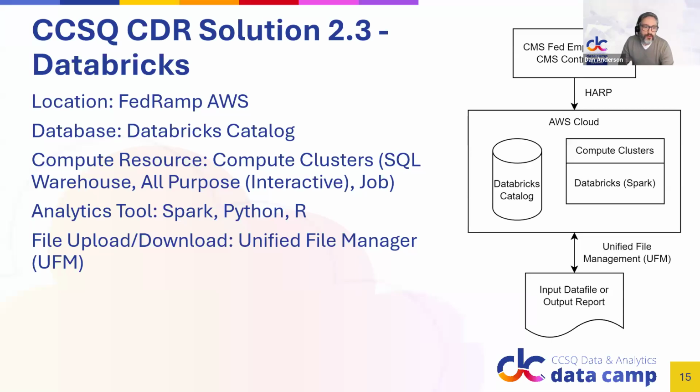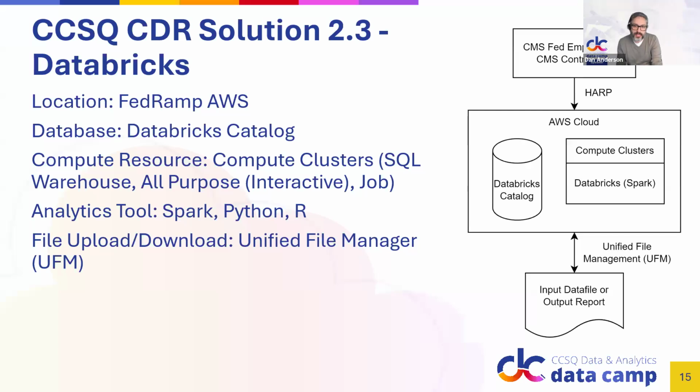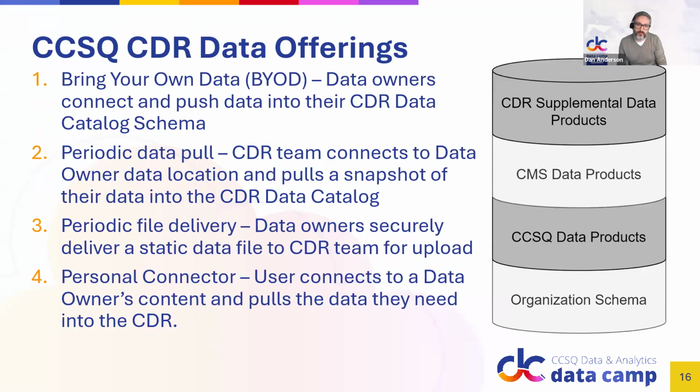One of the things that we want to talk about is, all right, well, in this Databricks catalog, what exactly are we providing? Well, I wanted to talk about the types of offerings we have as well as who they're coming from. So first, I'll start on the right-hand side here.